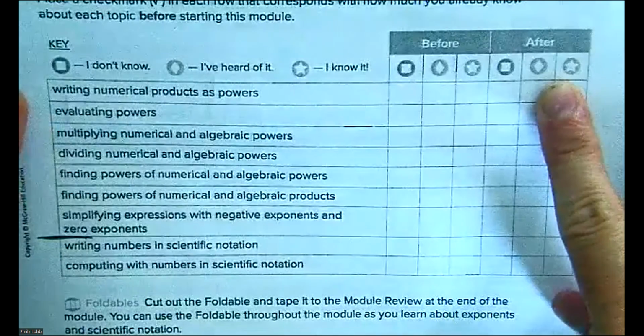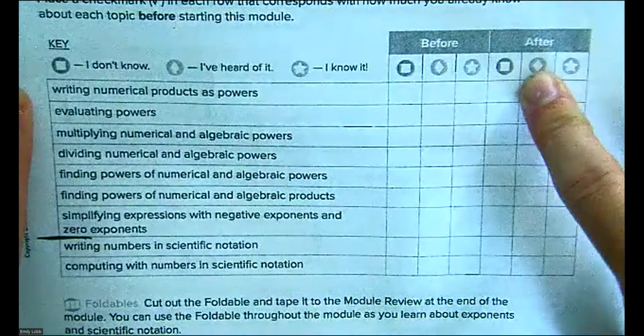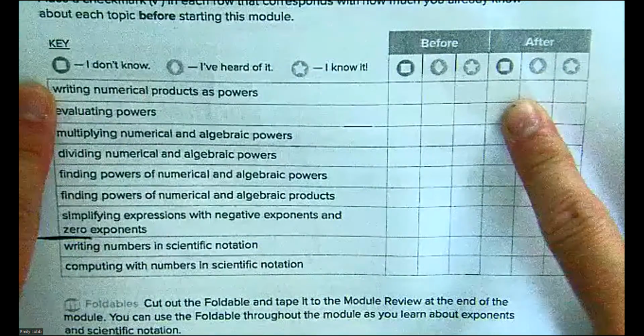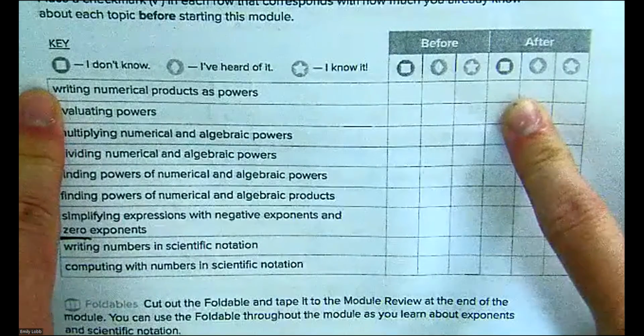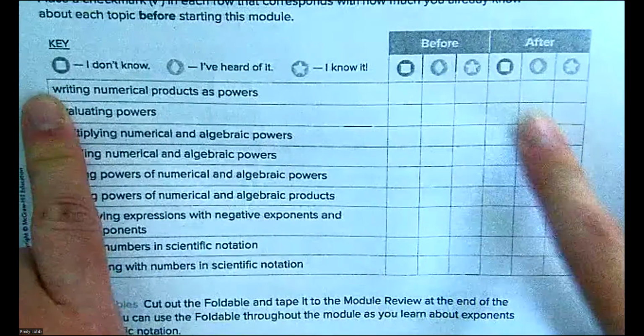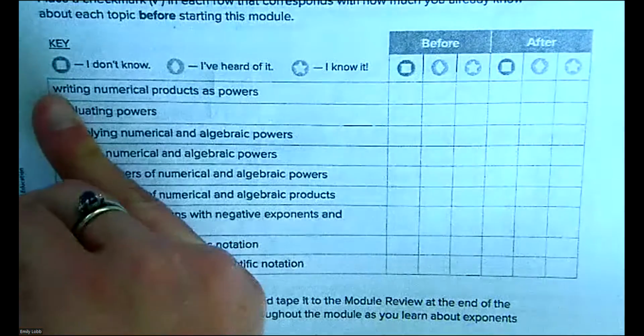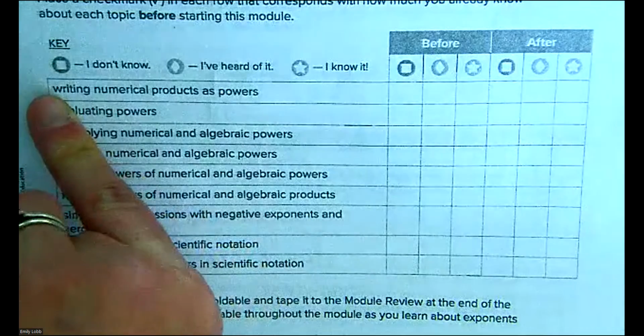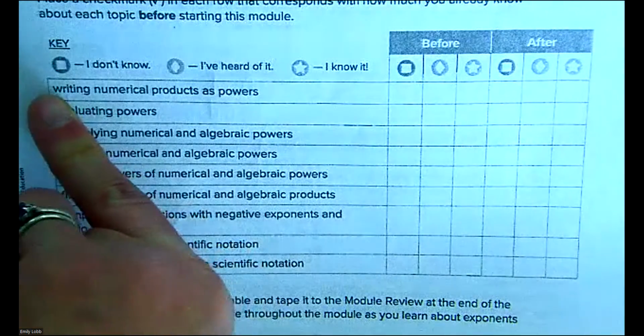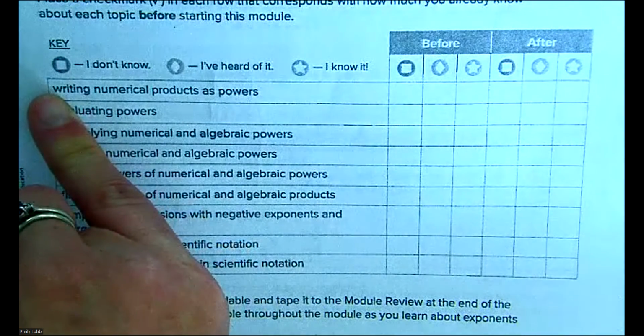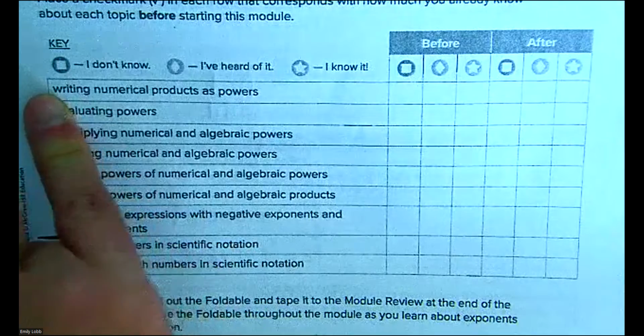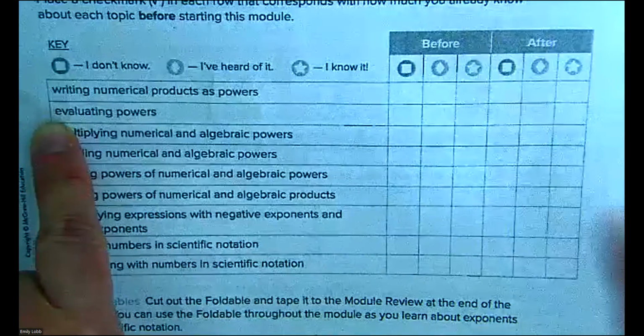So real quick, as you're checking your understanding on this first page, do you know how to write numerical products as powers? What are products? 2 factors. So if I have 5 times 5, can you write that as a power? Yeah. I hope so. You should be able to evaluate powers.